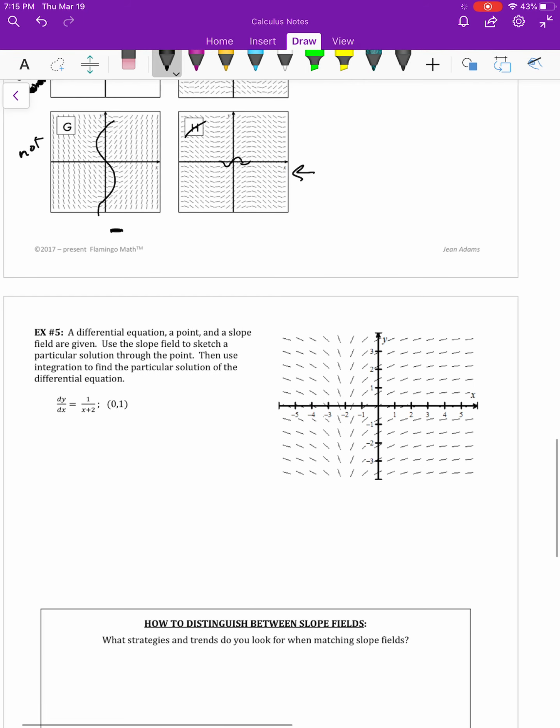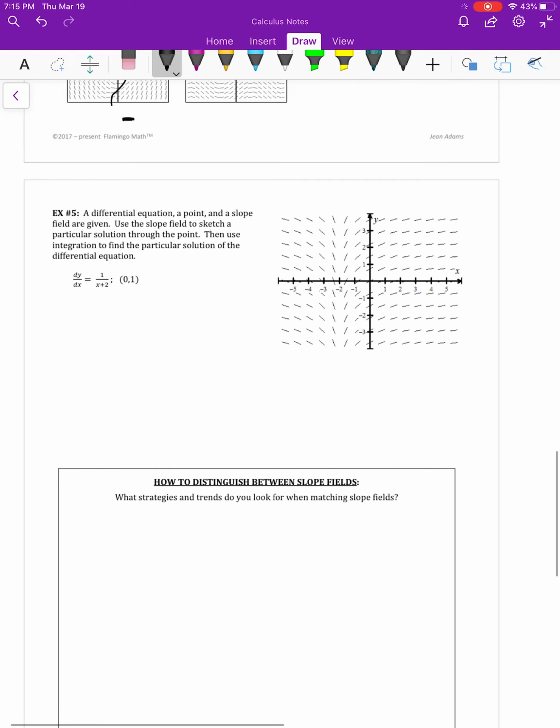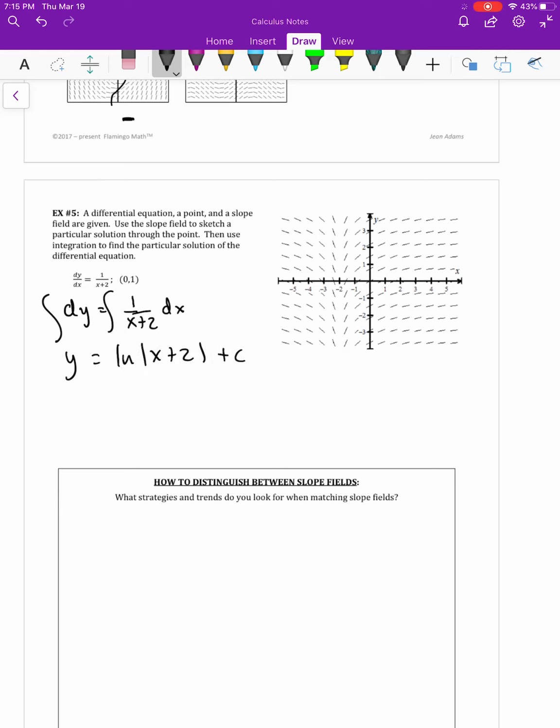But that's kind of how you decipher it. It's not the greatest thing to try and explain, but you're just using everything that you know about those. All right, so now we're going to separate this differential equation. I didn't have any y's, so I'm just going to make this dy equals 1 over x plus 2 dx. I'm going to integrate. y equals the natural log of the absolute value of x plus 2, plus c.